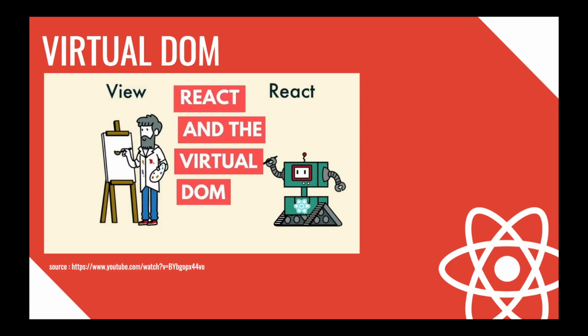The next one is virtual DOM. What is virtual DOM? Virtual DOM is a programming concept where an ideal or virtual representation of a UI is kept in memory and synced with the real DOM by a library such as React DOM. This process is called reconciliation.